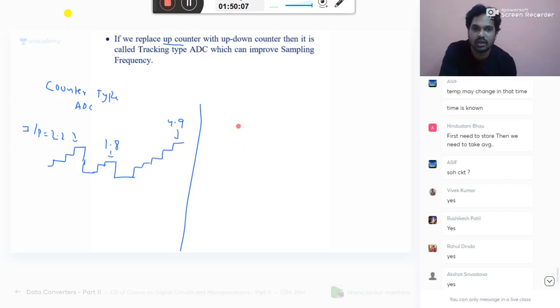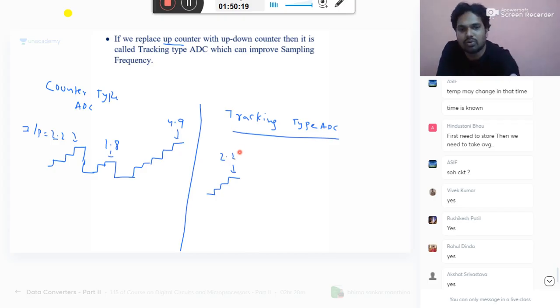I will use another counter type ADC called the tracking type ADC. There I use a circuit such that, say your input is 2.2, when the next input comes as 1.8, I don't go to 0. I simply decrease by 1 step. After 1.8, when a new input comes, I just increase from this level only.